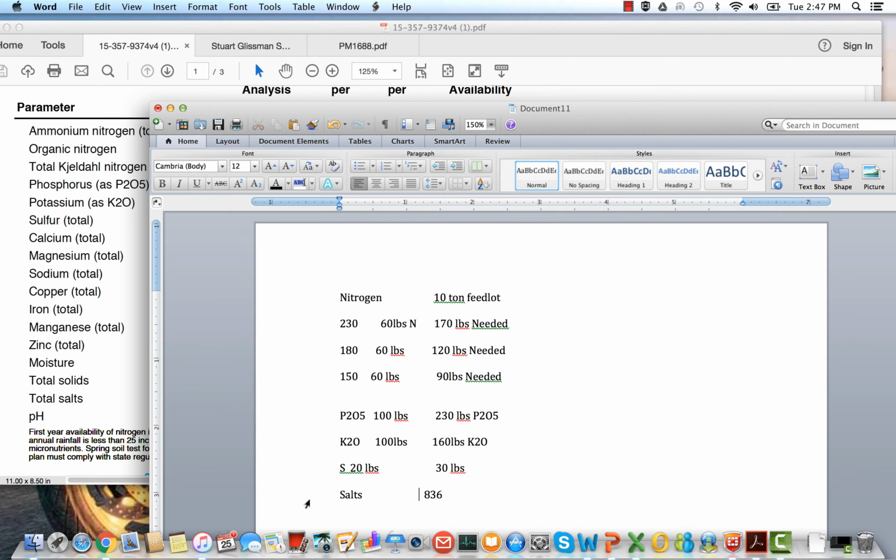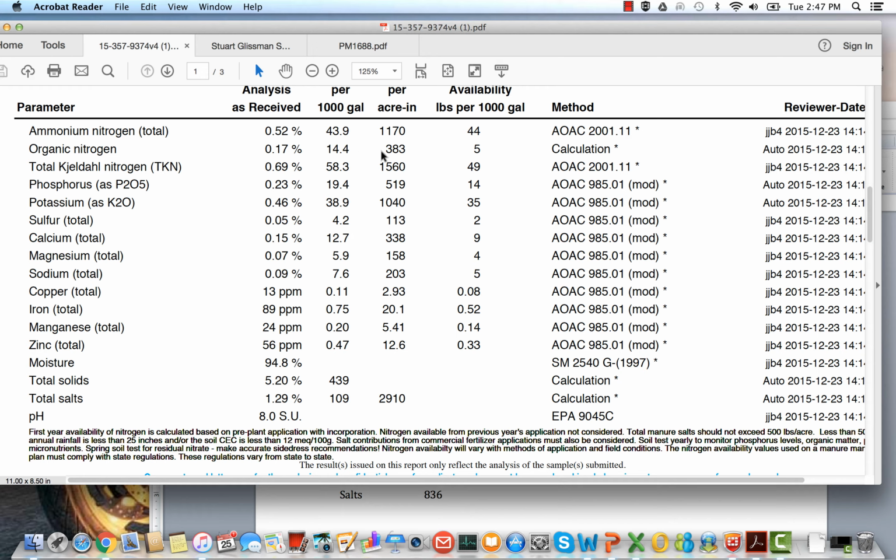We saw the different effect on how much nitrogen we'd get, and whether we needed to supplement it. Of course, with the hog manure, there's plenty of nitrogen because of all that ammonia nitrogen available in that liquid product. And since we're injecting it, we take full credit for that first year available ammonia.